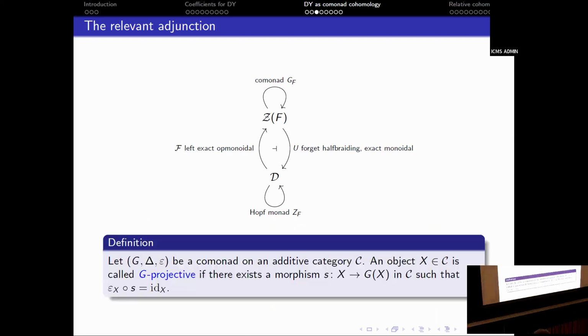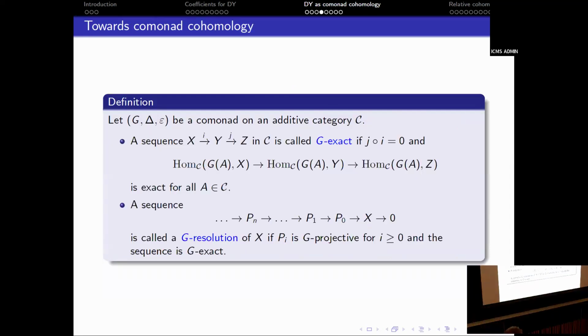And the theory is fully developed. So at that point, you have a notion: what is a G-projective object? Well, a G-projective object is characterized by the fact that it is a retract of a free object. And then there's a notion of a G-exact sequence, and if you have a notion of a G-exact sequence, you have a G-resolution.